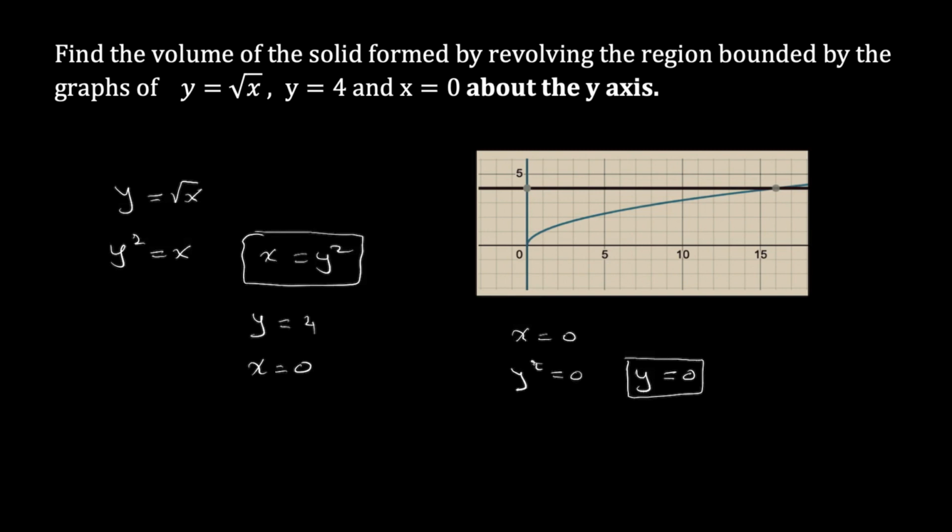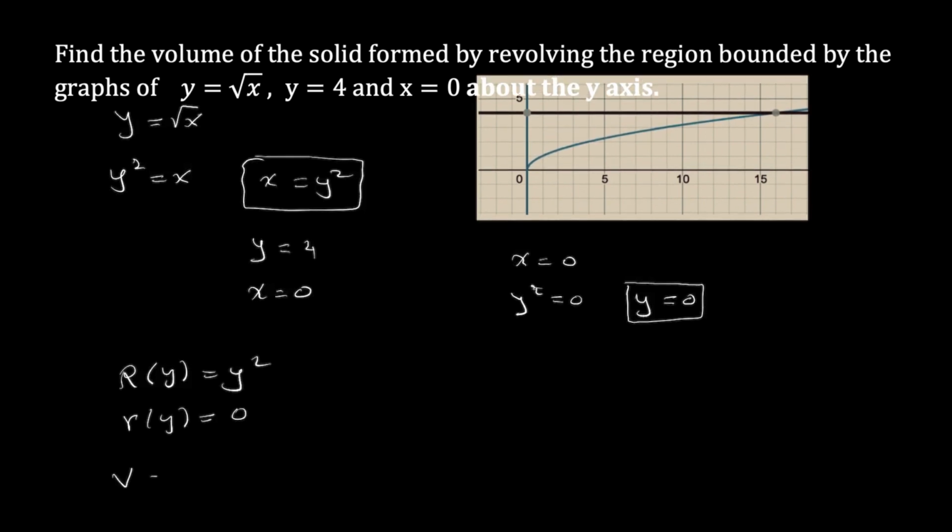The outer radius, which is r of y, is going to be equal to y squared, and the inner radius is going to be equal to 0. Then we can find the volume is equal to the integral from 0 to 4 pi outside of y squared minus 0 squared. But here, remember, it is with respect to the y-axis, so we make it dy.